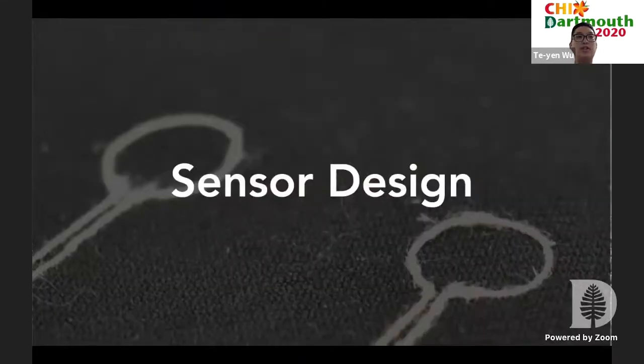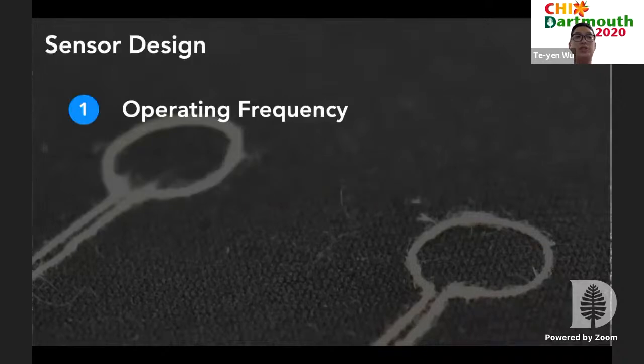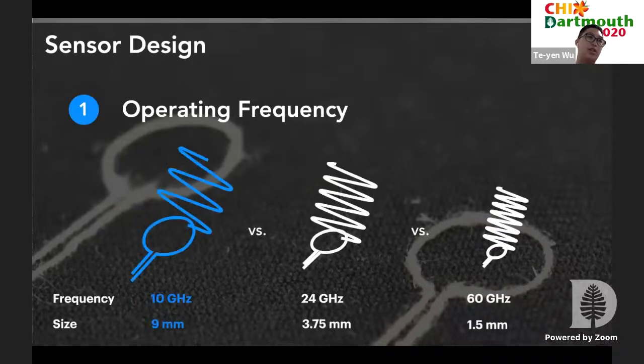Next, let's talk about the design of the sensor. First, we need to consider the sensor operating frequency. In principle, as the frequency increases, the shift in the reflected frequencies will be more observable. However, with a higher operating frequency, antennas become much smaller, which means it needs a higher precision level in the fabrication process.